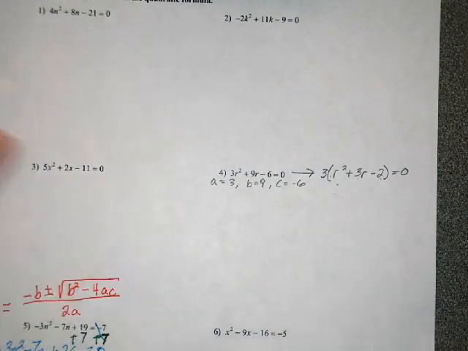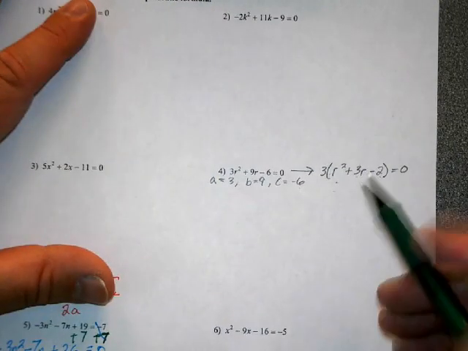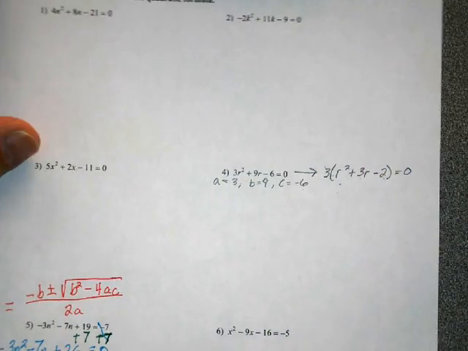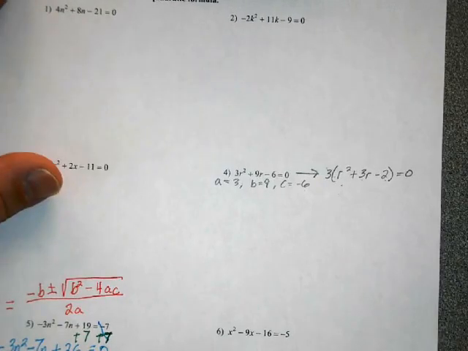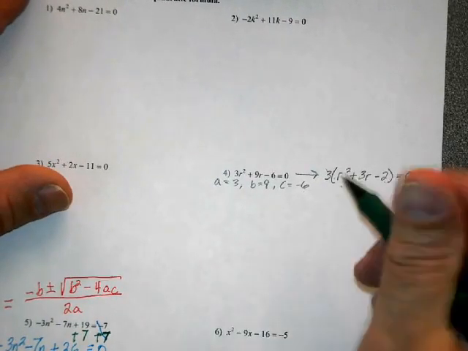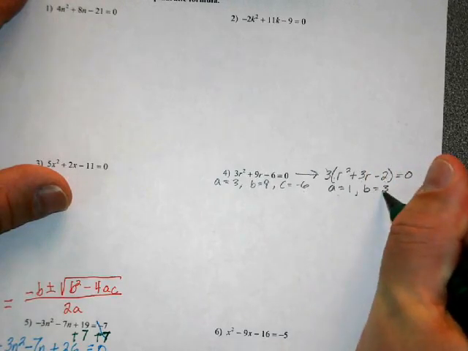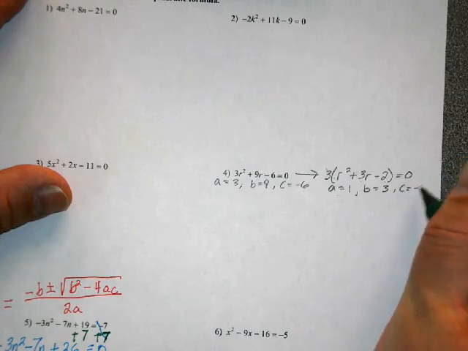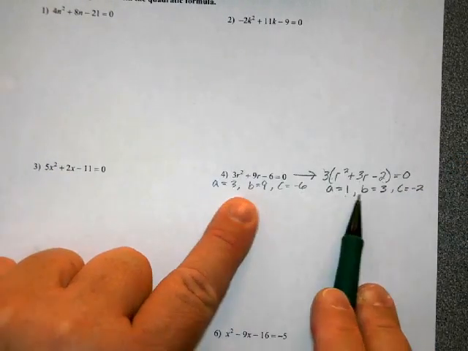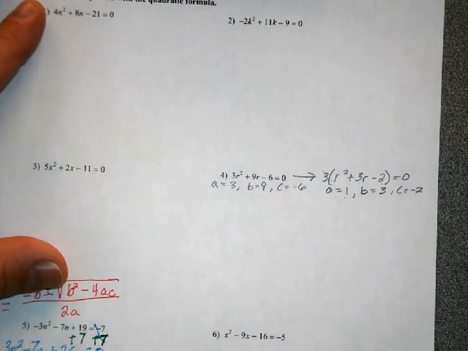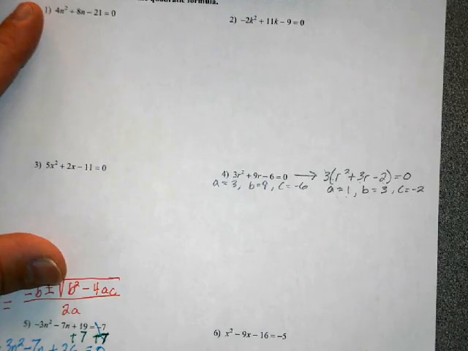But if it does, and you happen to notice it, go ahead and take that factor out. Because when you divide both sides by 3, this 3 is just like a slope constant. And your A will equal 1, your B will equal 3, and your C will equal -2. See how we took out a factor of 3 from each one of those? That way, when you get to the end of the problem, you won't have to simplify your answer.